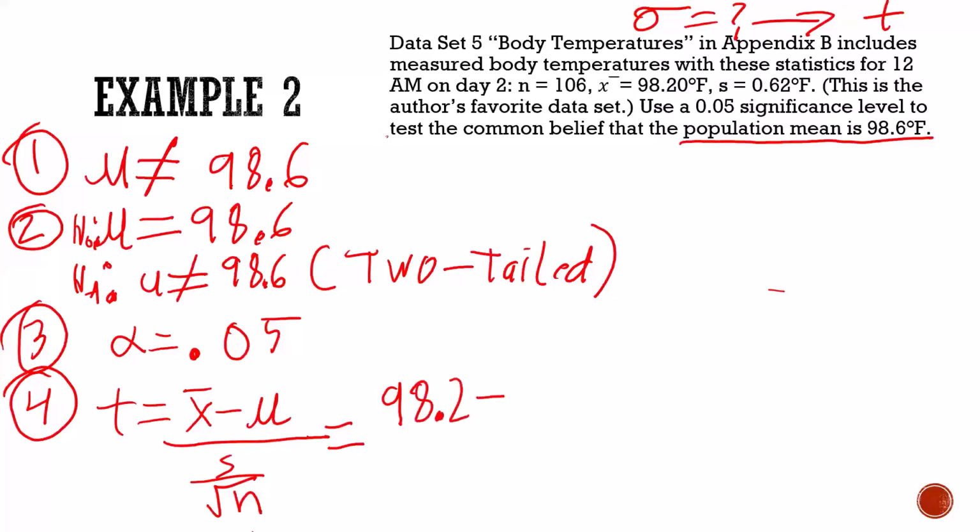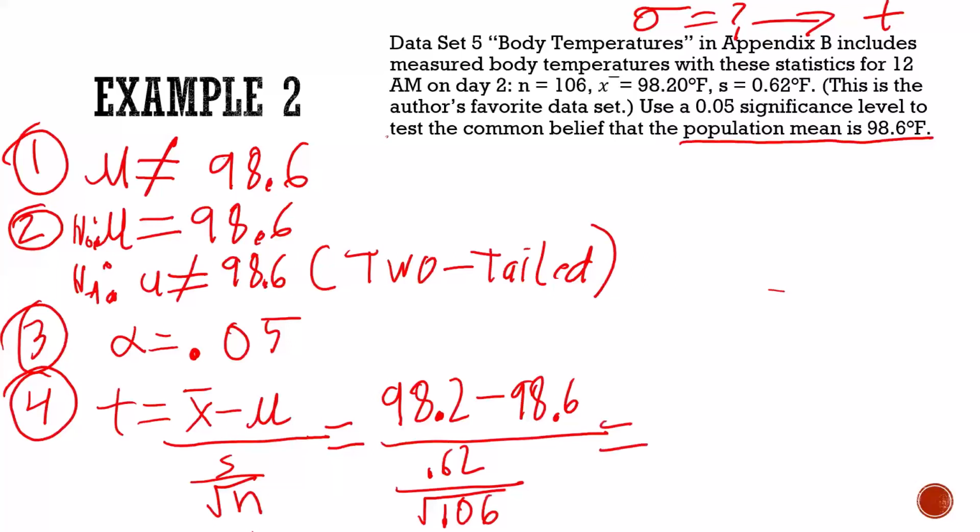And then mu is, okay, S is point. And then N is 106. Make sure you put parentheses around all of this when you use your calculator, okay?